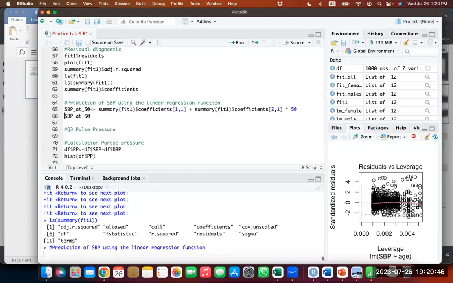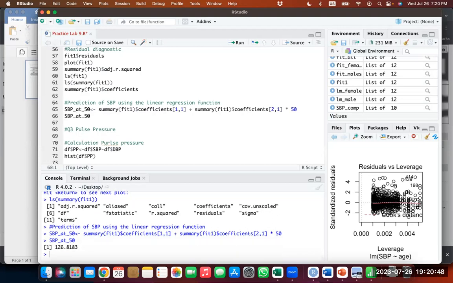So if you want to have the SPP at 50, you calculate it by taking coefficient 1,1, which is your intercept, and then you take 2,1, which is our slope, multiplied by 50. Remember, the regression function is intercept plus slope multiplied by the individual value. So if you multiply the slope by 50 and you add the intercept, you get the estimate for the blood pressure at the age of 50.